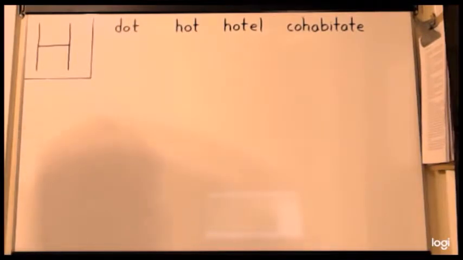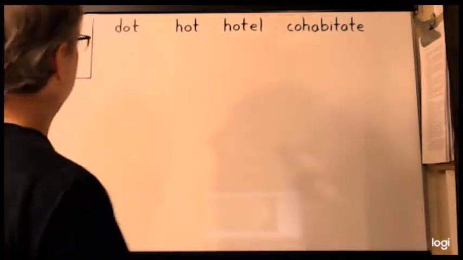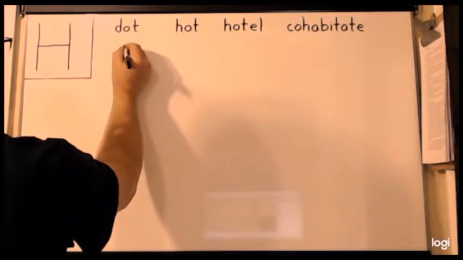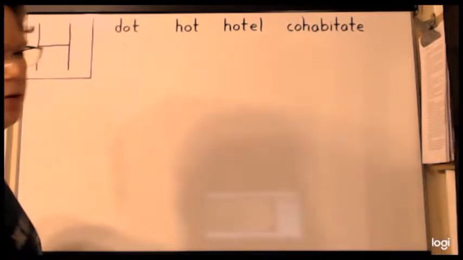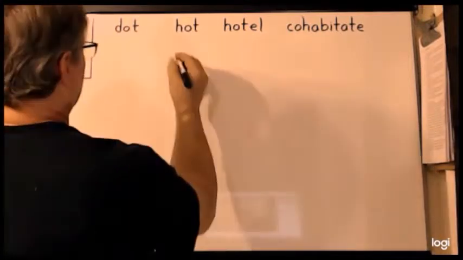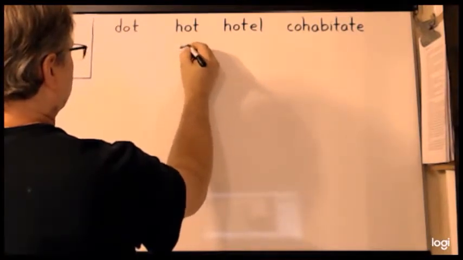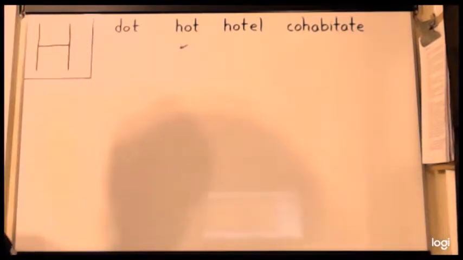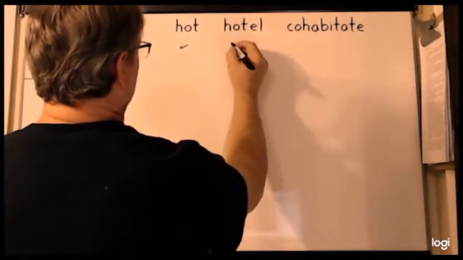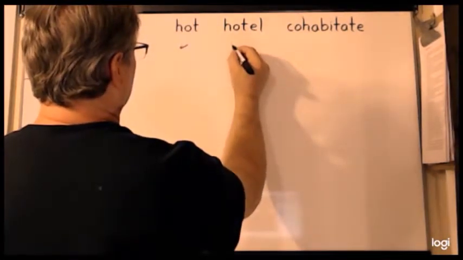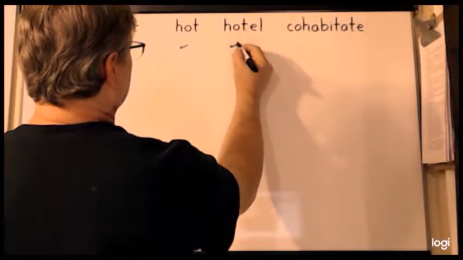For the letter H, the dot is used. So for the word hot, we'll just write the H-O-T. For hotel, write H-O-T-E-L.